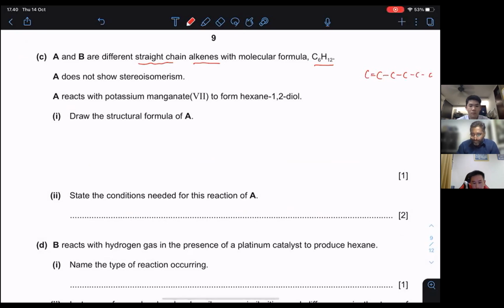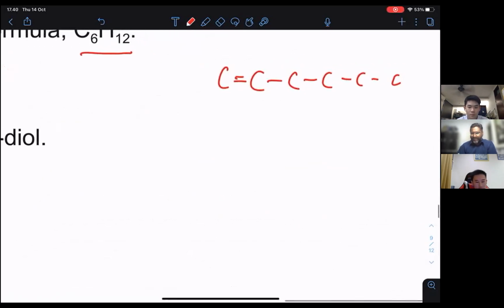There are 2, A and B, and they are different straight chains. A does not show stereoisomerism. So let's see what different types of straight chain we can get.